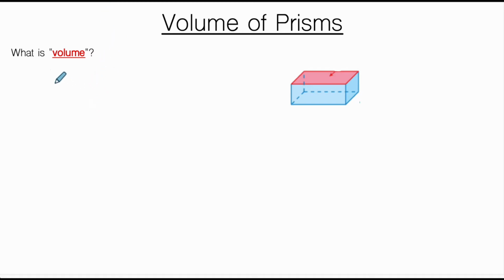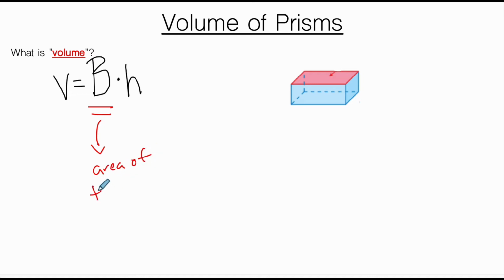The volume is found by multiplying big B times little h. What does that mean? The volume of a prism is the product of, and I'll use a different color, this B stands for the area of the base shape.